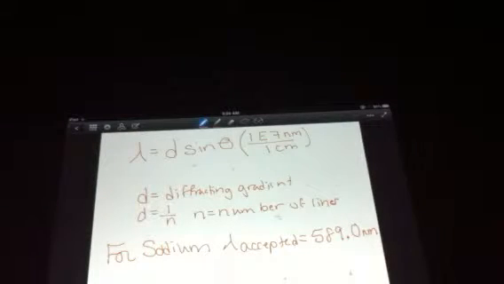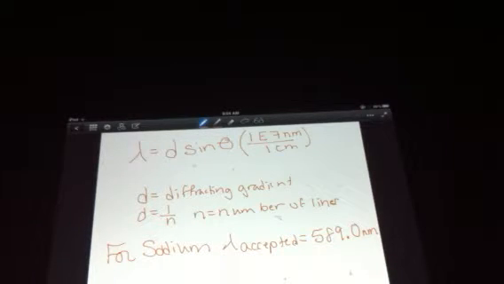Then, after you've acquired that, once I have my angle, I can figure out what my wavelength is. D represents your diffracting grating. And on the diffracting grating, at the bottom, it'll say how many lines there were. I gave y'all 1,000. Y'all's diffracting grating had 1,000 lines on them.